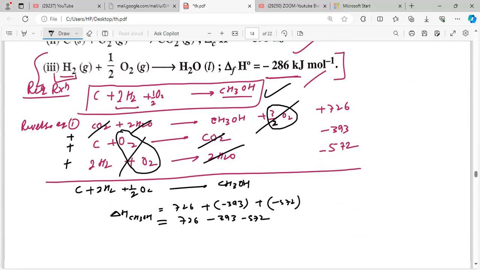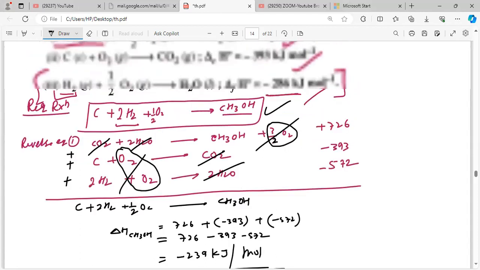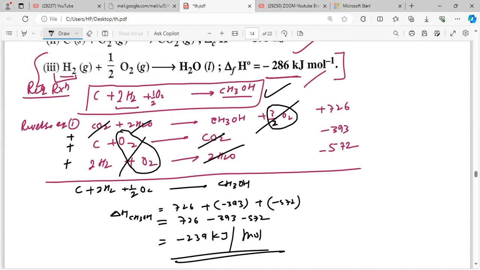So you will get something. Check how much is coming. It is minus 239 kilojoule per mole. Check whether you understand or not. That is the important thing.